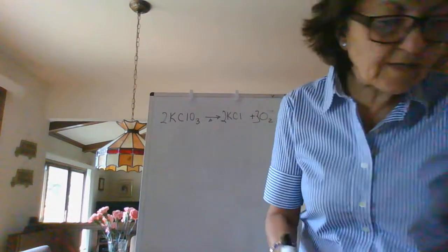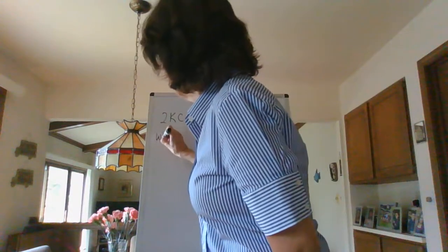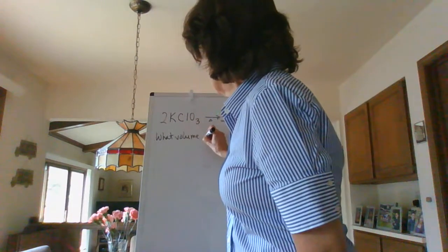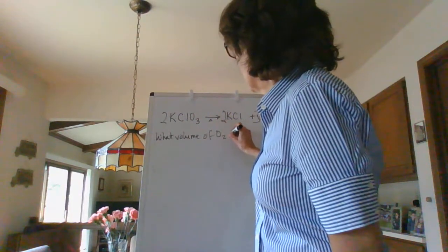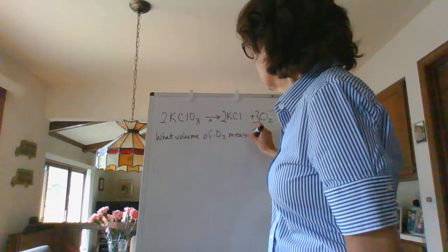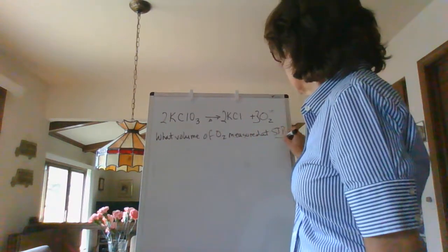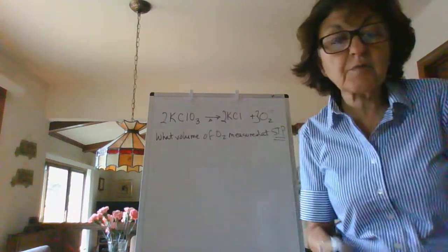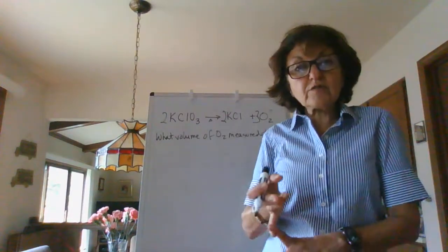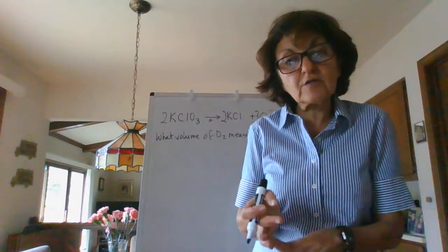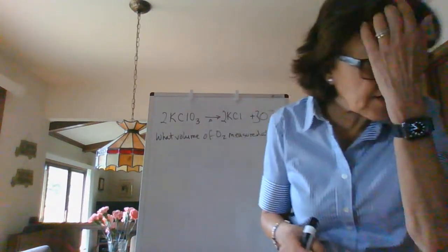And the question is, what volume of oxygen measured at STP, again, red flag. The minute you see STP, what does that mean? It means that the pressure is 1 atmosphere and the temperature is 0 degrees Celsius or 273 Kelvin.